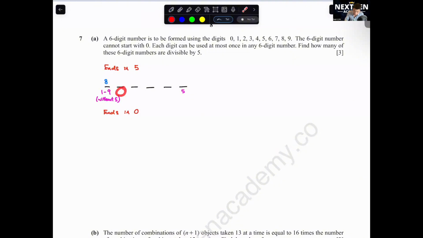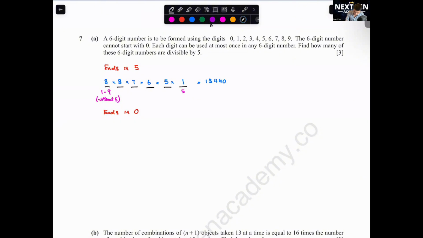Then after that, my second one, let's say I used 1 already. So I will have 0, 2, 3, 4, no 5, 6, 7, 8, 9. So I will still have another 8 choices here. Got it? Okay, then here 7, 6, 5. Okay, this one is 1 choice only. You multiply all of it together, you get 13440.